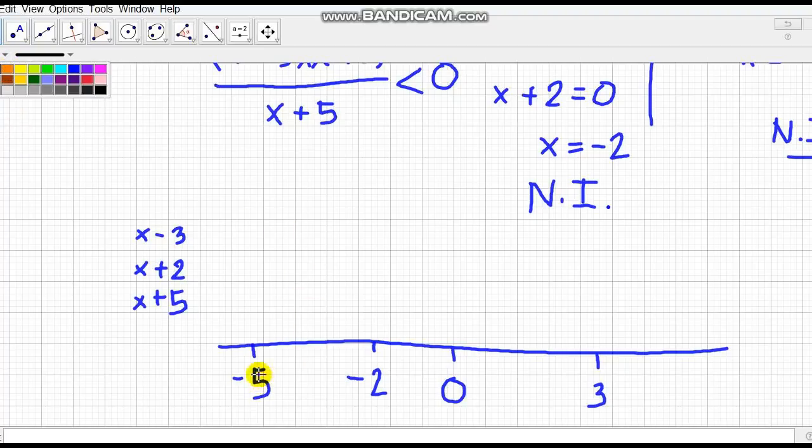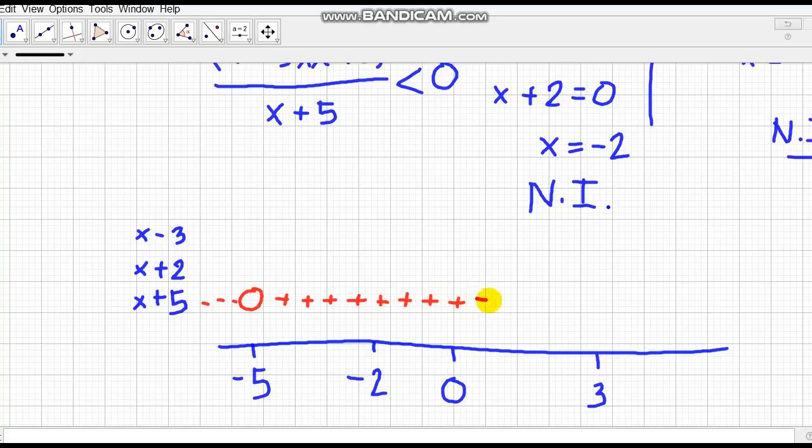So for negative 5, it's with x plus 5. So we'll put a dot. It's a hollow dot because remember that the critical numbers for both numerator and denominator are not included. Okay? So negative right here, positive right here. For negative 2, it's x plus 2.